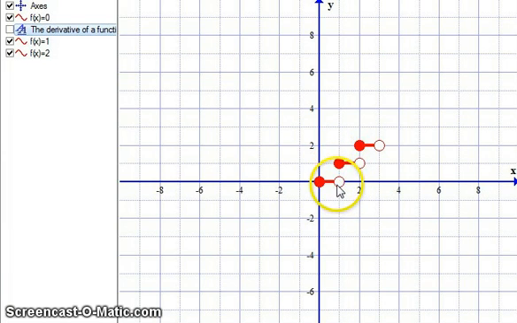Well, at x equals 1, I have no possible way to represent this with a line, because to the left of x equals 1, I would have to use the horizontal line y equals 0, and to the right of x equals 1, I'd have to use the horizontal line y equals 1. So at the point x equals 1, there is not a single line that could be used to represent this function. That is, it is not locally linear. It cannot be represented by a tangent line. Therefore, the derivative fails to exist.